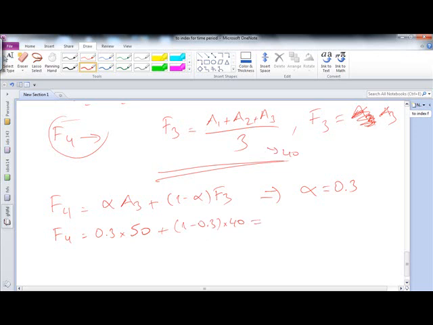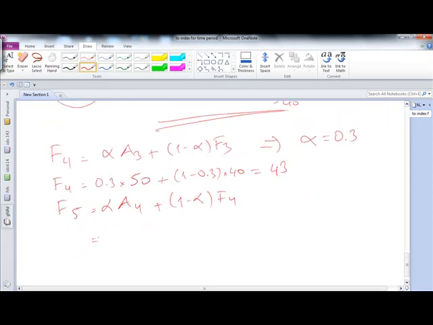Okay. So my F4 is equal to 43, and F5 this time is alpha times A4 plus 1 minus alpha times F4. If I do that calculation, it's 0.3 times A4 plus 1 minus 0.3 multiplied by F4. Guess what, where is that number? It is here, it is 43, right? And then the result, if I round it, is 42.1, right?